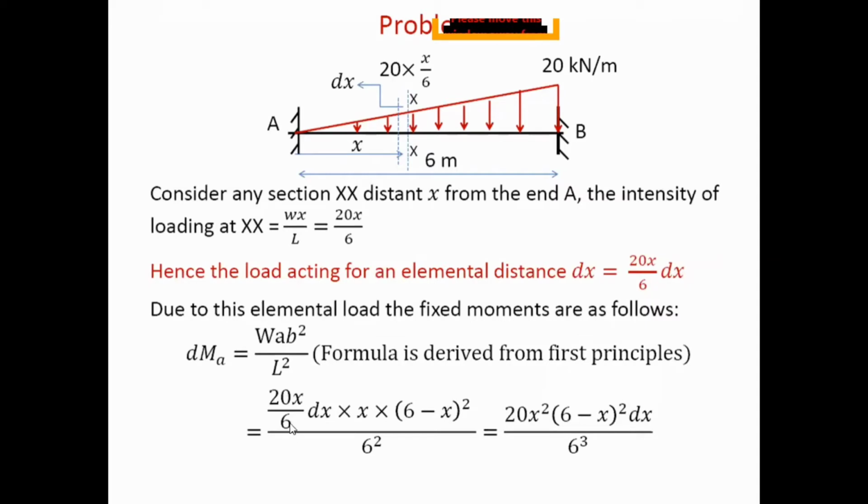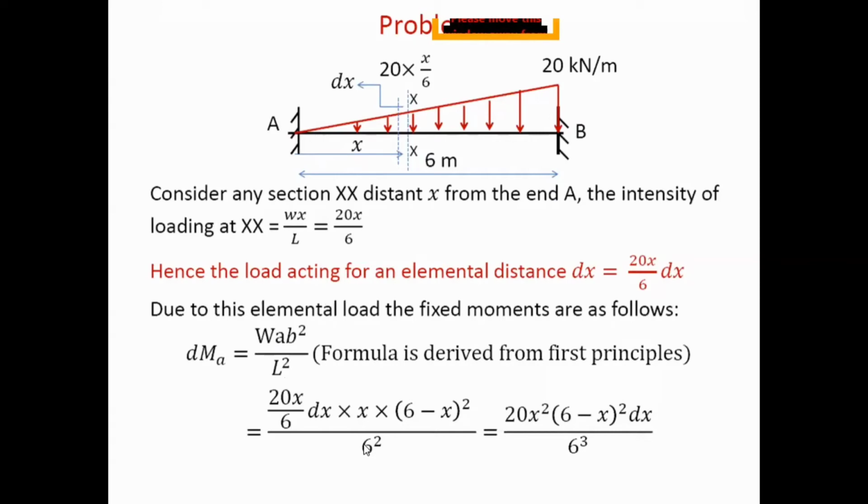So we have substituted 20x dx upon 6 as W. Then the distance of this strip from support A is x, which is nothing but A in this equation, and B will be the total span minus x, so 6 minus x. As there is B square in the equation, we substitute 6 minus x bracket square, totally divided by L square, where L is the span, 6 square.